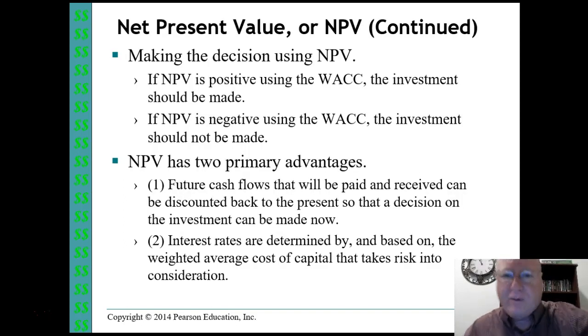Because once you do that formula, if the benefits minus the costs, the net present value items, is positive, then the investment decision is a positive decision. It should be made, or it should be considered to be made. If the net present value is negative, then it basically means that the investment should not be made.